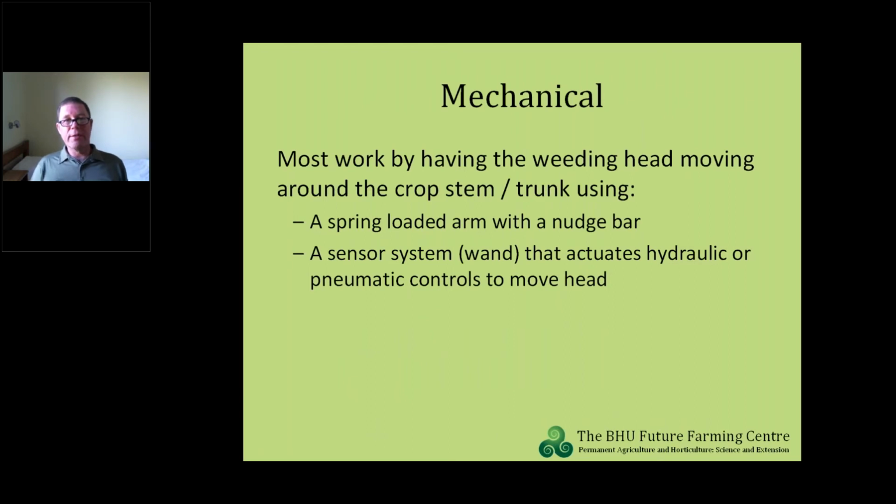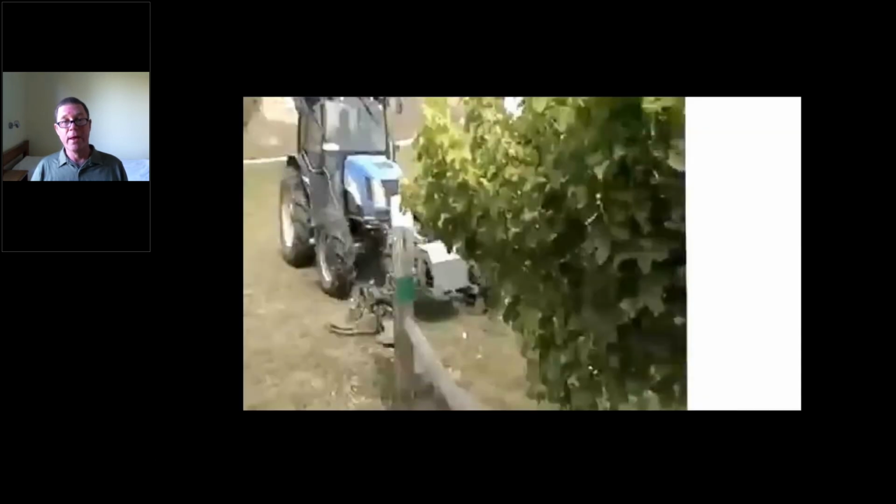Looking at each of those in turn, mechanical: most of these systems now, where there's a lot of evolution of these things, particularly coming out of the organic systems, there's 2 ways of getting the equipment around the vine trunk. It's either a spring-loaded system or there is a sensor system that actuates hydraulics or pneumatic or even electronic controls to move the system.